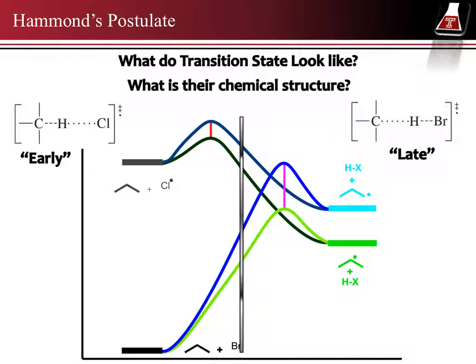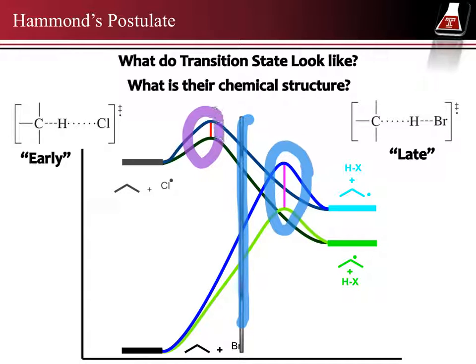Because of Hammond's postulate, this is why we draw endothermic transition states on the right side of this line instead of right in the middle. With exothermic, we always draw the transition state on the left side of this line, again because it's closer to the starting materials in terms of energy, and according to Hammond's postulate, in terms of structure.